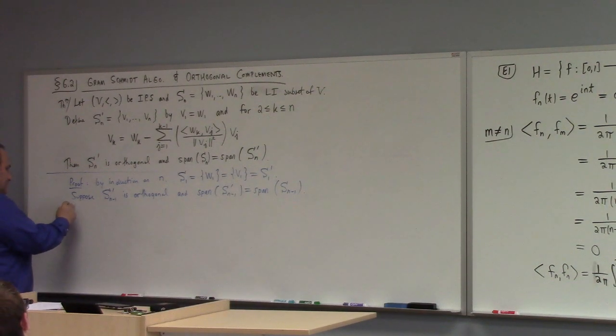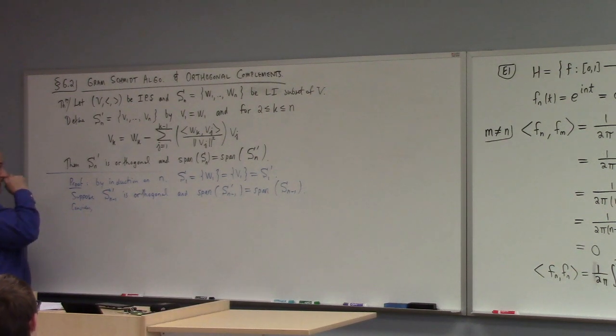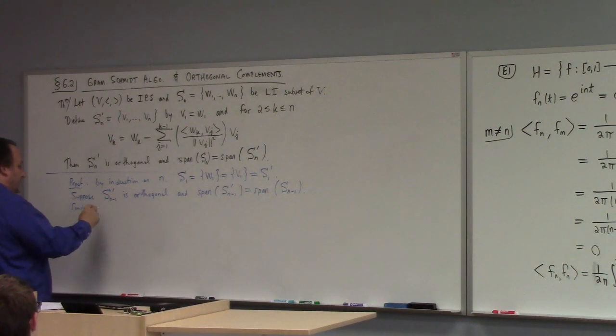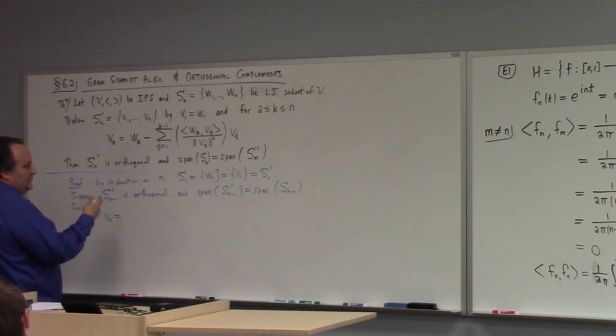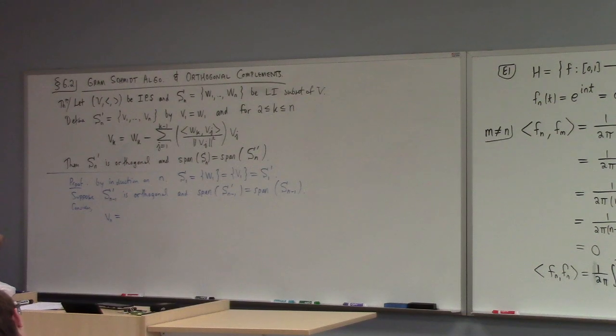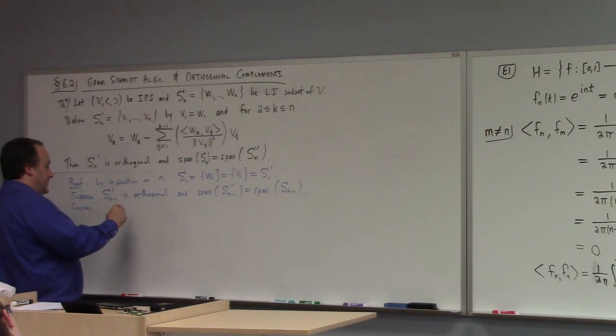So consider Vn. We'd like to look at the next order up, so let's look at n. So Vn should be equal to what?